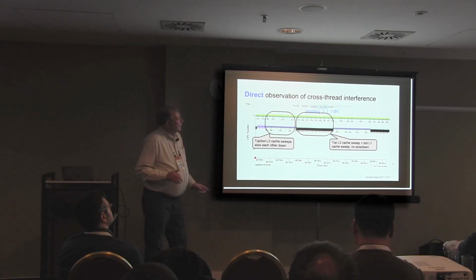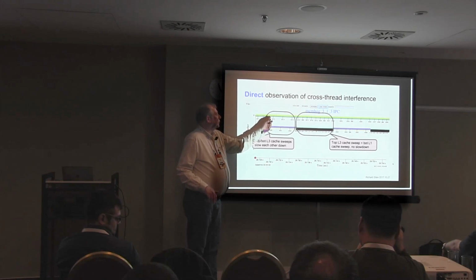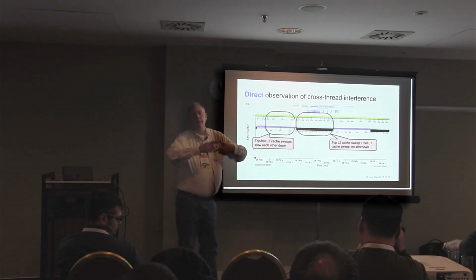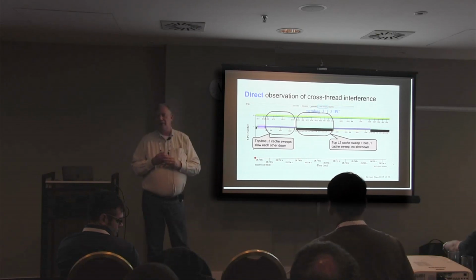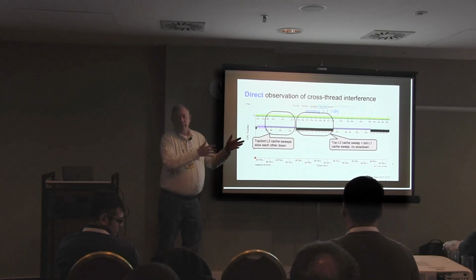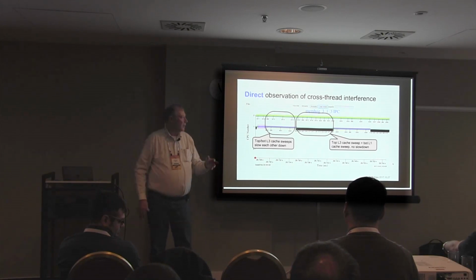This is the last of these. This is, in green over blue, a program that all it's doing is sweeping through 4 megabytes on chips where the last level cache is 3 megabytes. So it's doing the worst case, a linear sweep, where everything misses to RAM.